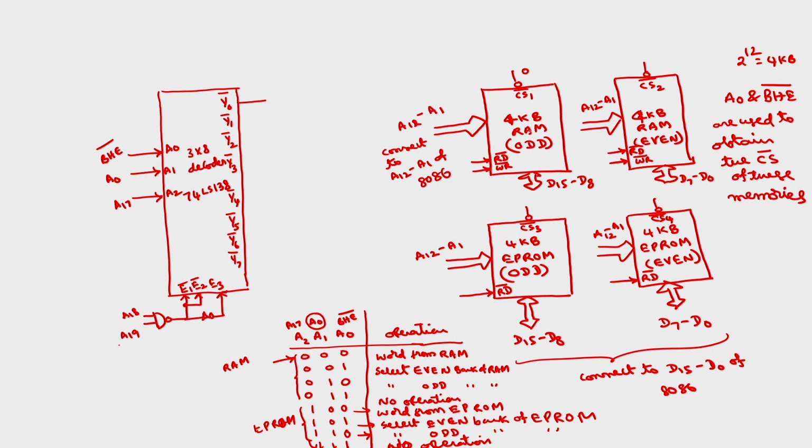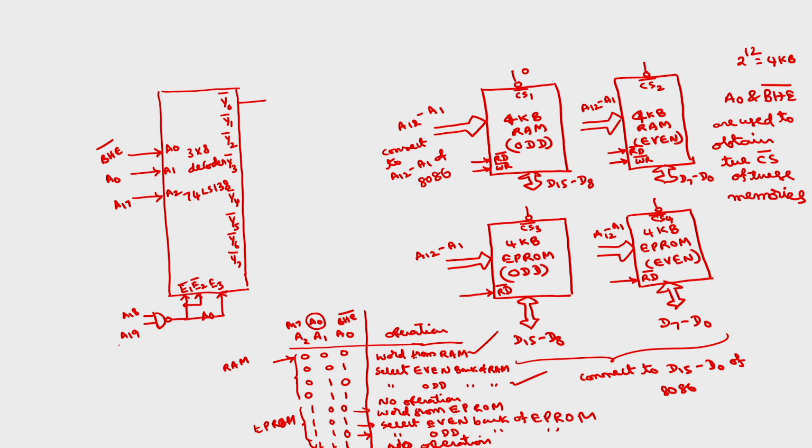Okay. This is 4 kilobytes of the odd RAM bank. This is odd RAM bank. Here also this odd RAM bank has to be selected as well as here also, because if you want to select the word, both even and odd banks have to be selected. So in the first combination also we need the first RAM odd bank, and in the third combination also we need this.